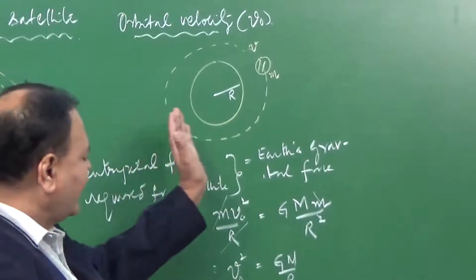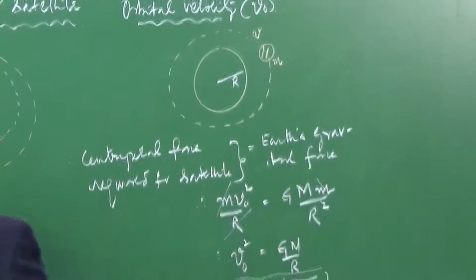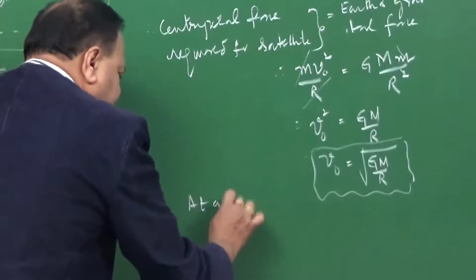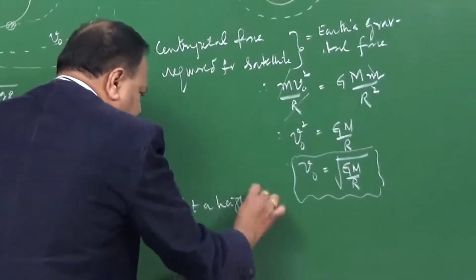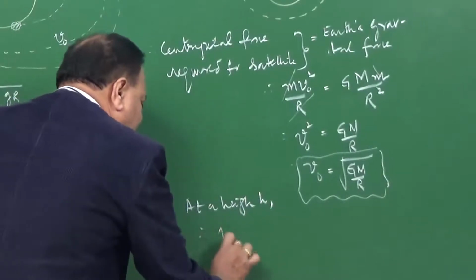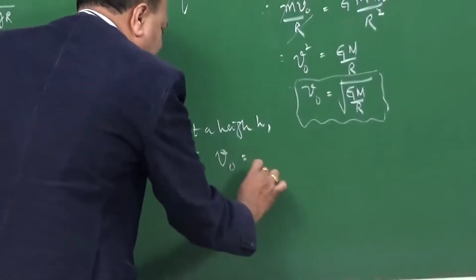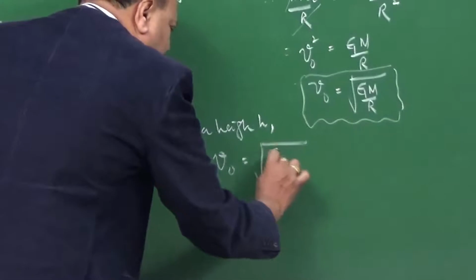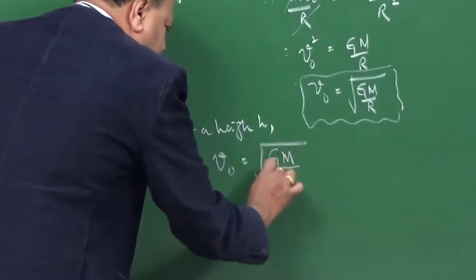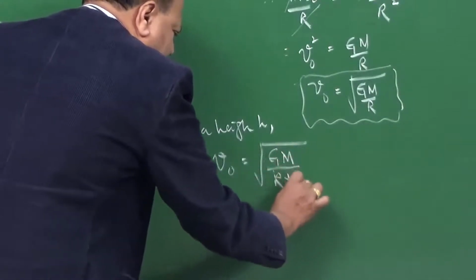Suppose the satellite is at a height h. Your orbital velocity is given by v is equal to root of GM divided by R plus h.